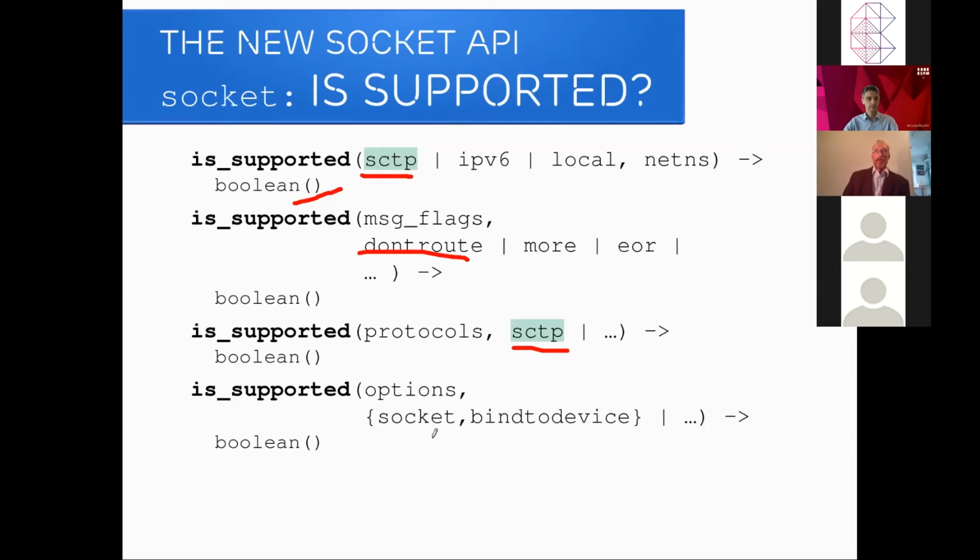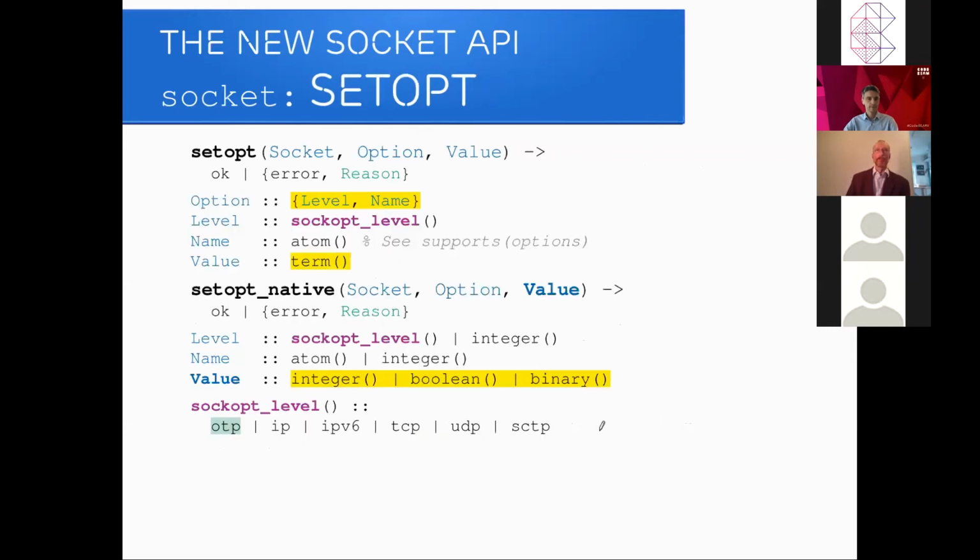We can also ask for a specific socket option, which brings us to the socket options. A socket option is a 2-tuple, level and name. These are atoms. The argument value that is allowed for setopt depends on which option it is.